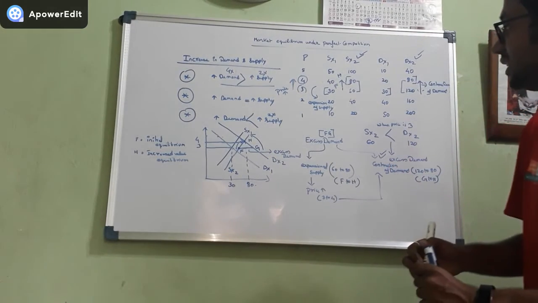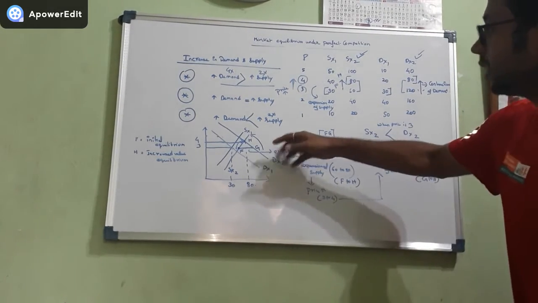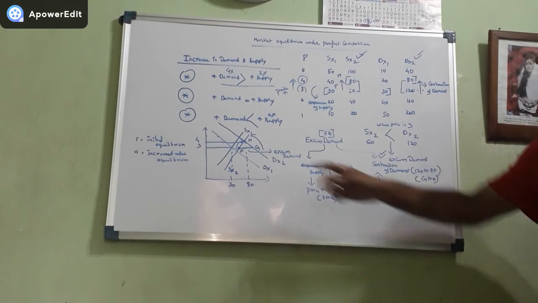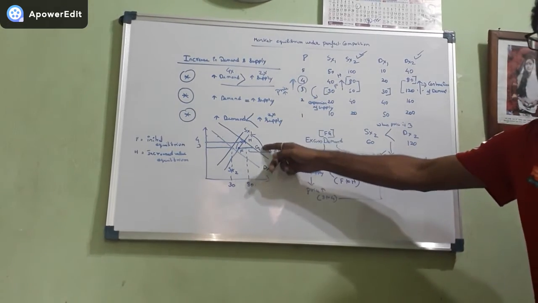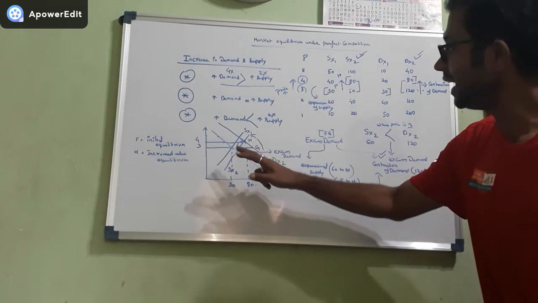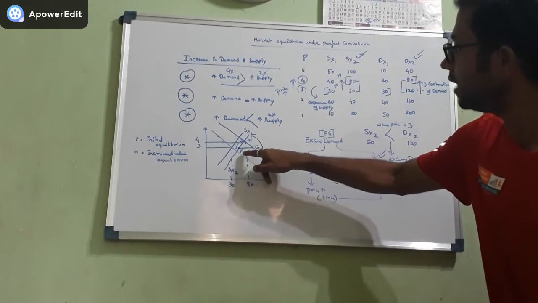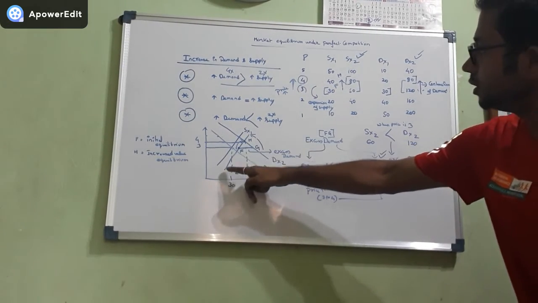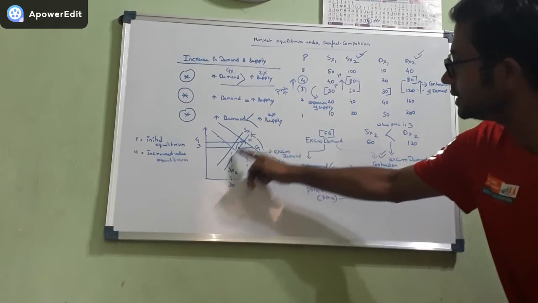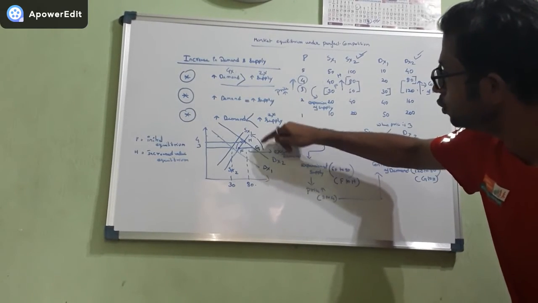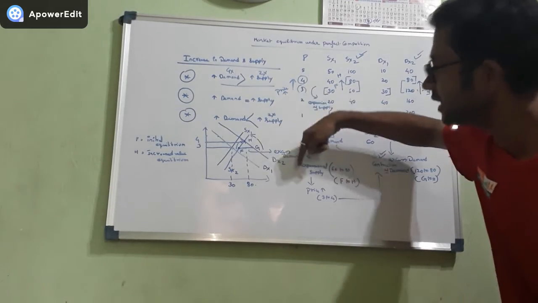If there is an excess demand, there is a contraction of your demand. Contraction of your demand is happening from G to H. And there is an expansion of supply from F to H. Expansion of supply because this is a supply line, Sx2, and contraction of demand because G to H is on the Dx2.